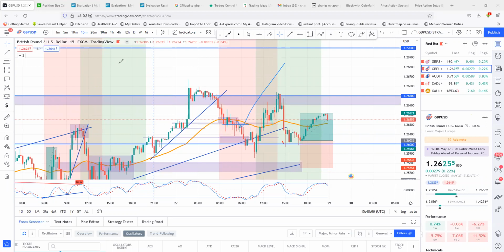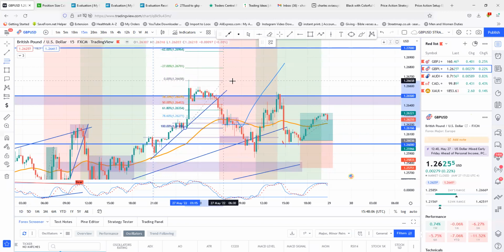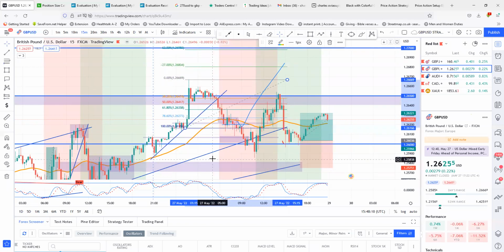If I use my Fibonacci again on this push, that was what I was waiting for. This was an overextension of this retracement. This was where price was supposed to push all the way up, but it overextended.